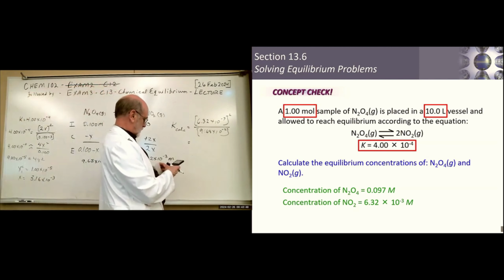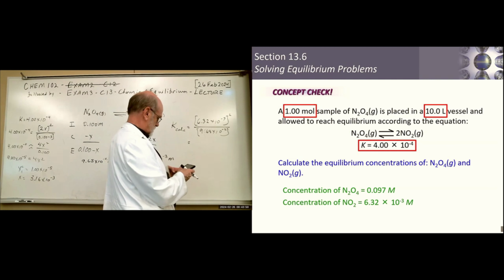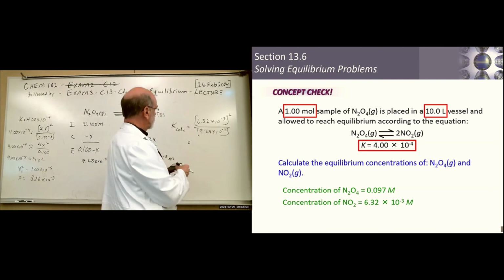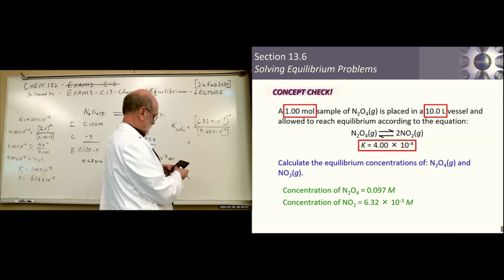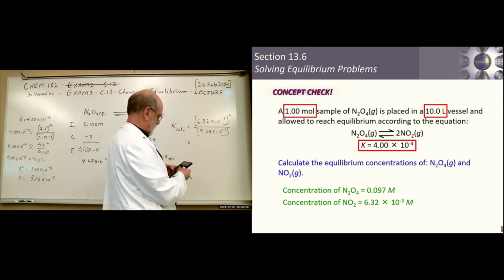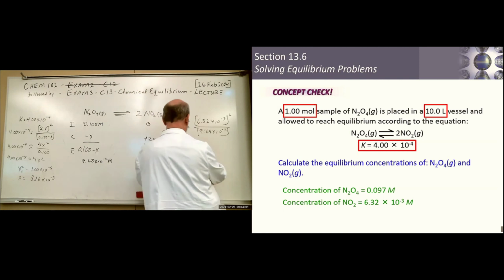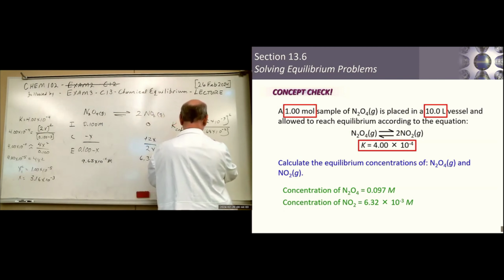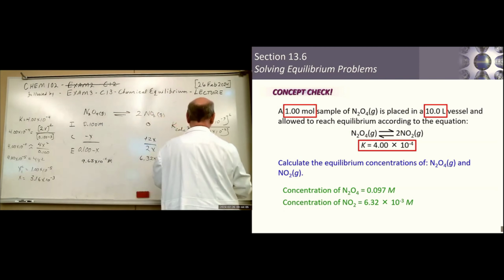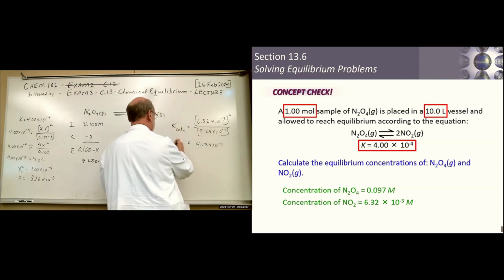So I got that one, I'm going to square it, and then 9.68 divided into that. And I get 4.13 times 10 to the minus 4 as our calculated K.